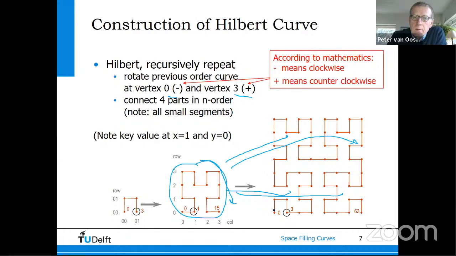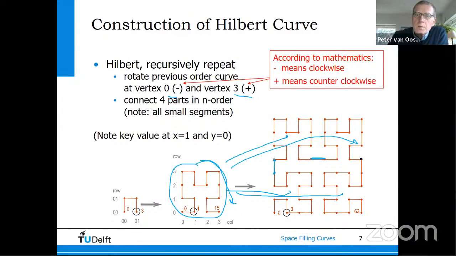And then to construct the whole curve, the last point of the first curve, that is this one, is connected to the first point of the second curve. Then we add the last point of the second curve that is connected to the first point of the third curve.